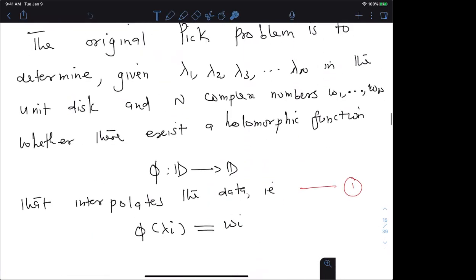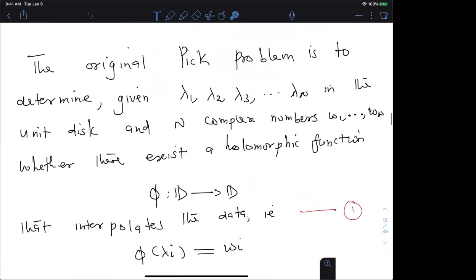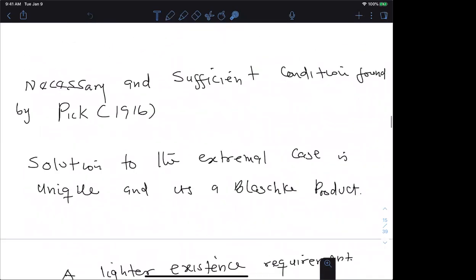So as I stated earlier on, the Pick problem is: having been given these nodes, lambda_1 to lambda_n, with n complex numbers omega_1 to omega_n, is it possible to find a holomorphic function from the disk to the disk that interpolates the data, that is, maps lambda_i to omega_i?